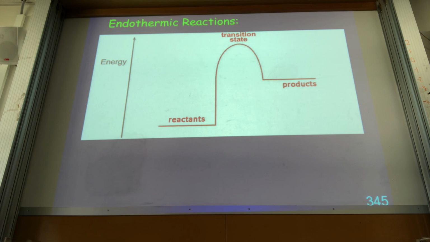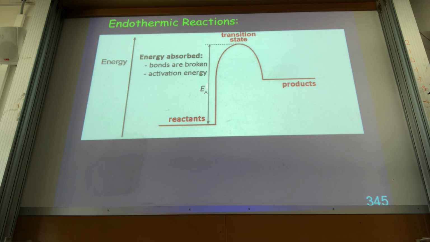Endothermic reactions are the other way around. So if we know it's an endothermic reaction, we're going to draw our energy profile diagram like this, with the products being at a higher level than the reactants. So this time, a lot more energy is absorbed in breaking the bonds.